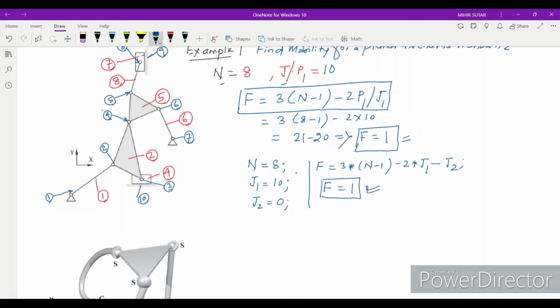MATLAB will give you this result also. Here it is a simple example, that's why you are feeling that the MATLAB application is not useful, but consider a very complicated example where you need to compare your result with some sort of computer results. In that case you have to take the help of MATLAB. Now we'll go straight to the MATLAB window, where I will show you how we are calculating.